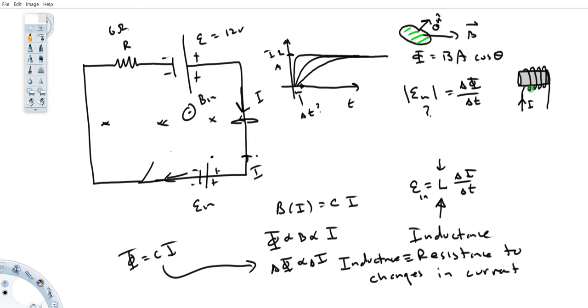So circuits that look like this would have a high inductance. In fact, this symbol is typically the symbol for an inductor within a loop. Usually they don't draw the iron core. You just usually see something like this.